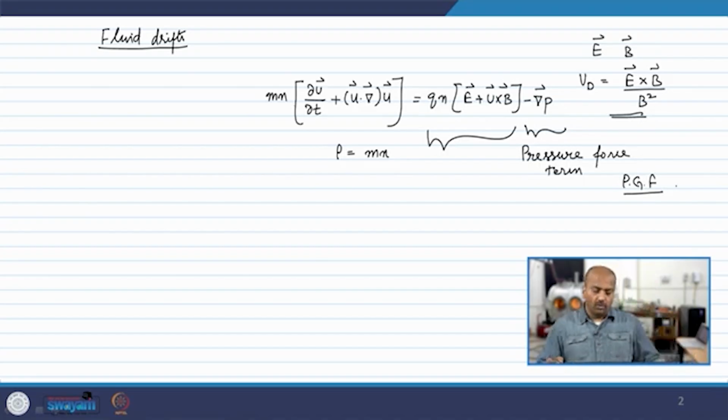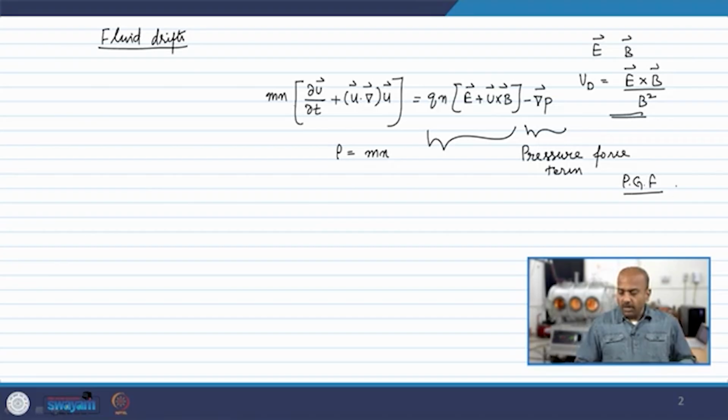The origin of this force is that whenever you have a density gradient in the fluid, it can build up a force making the fluid move from high density to low density, or high pressure to low pressure. That means the rate of change of velocity of the fluid will also be affected by the presence of the pressure gradient.